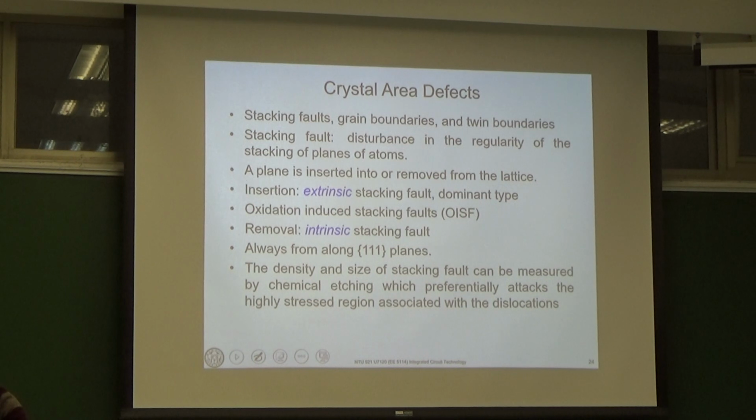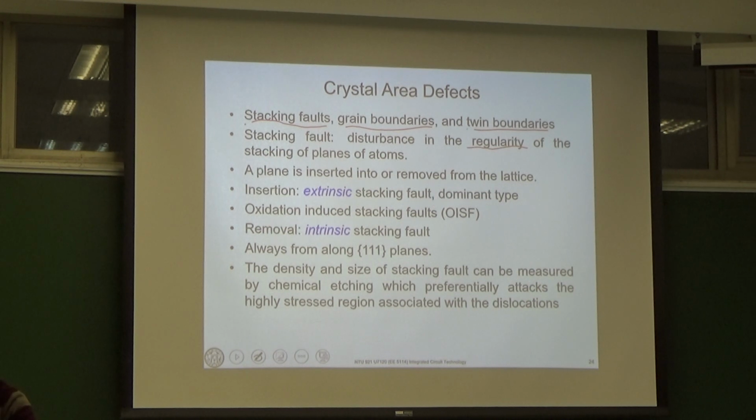Okay, these area defects: we have stacking faults as our area defects, or grain boundaries, and twin boundaries. Okay, and this stacking fault means you have some disturbance in the original regularity of your stacking planes.